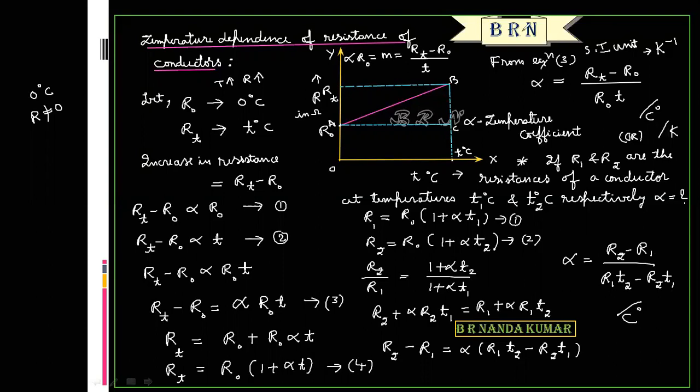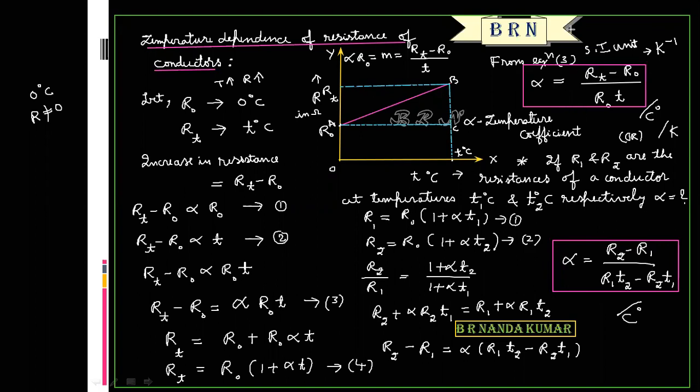This equation is very important for CET. Alpha is equal to (R2 minus R1) divided by (R1 T2 minus R2 T1). Another formula is alpha equal to (R_t minus R naught) divided by (R naught t).